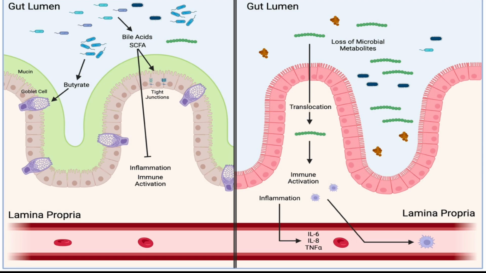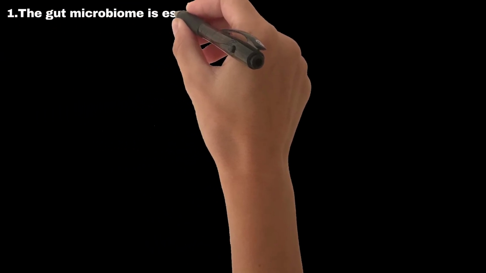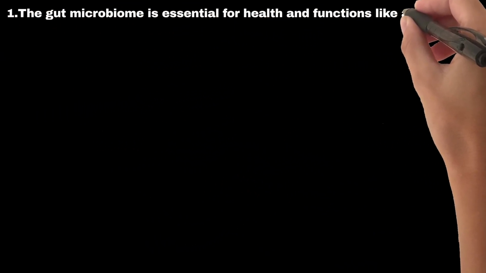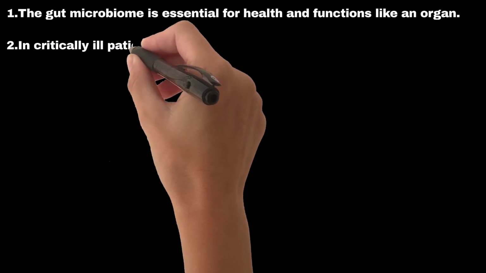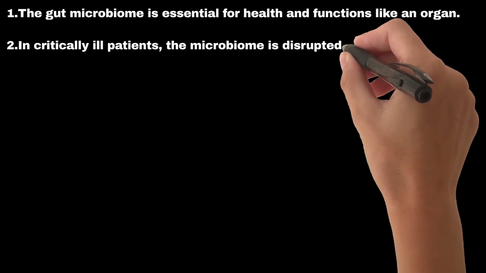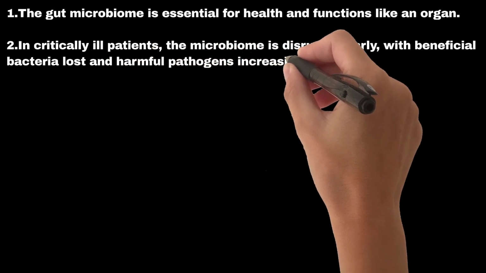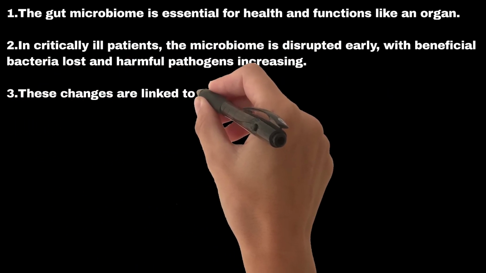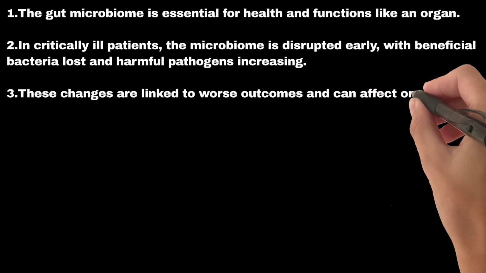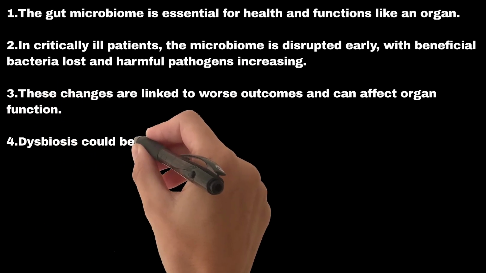The take-home messages are: the gut microbiome is essential for health and functions like an organ. In critically ill patients, the microbiome is disrupted early, with beneficial bacteria lost and harmful pathogens increasing. These changes are linked to worse outcomes and can affect organ function.